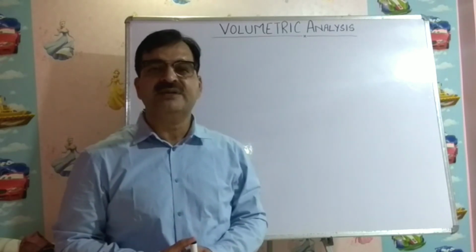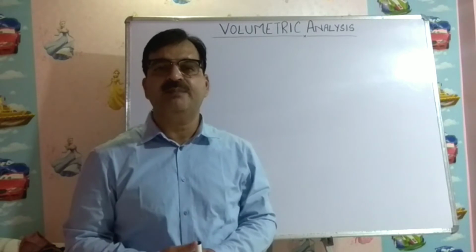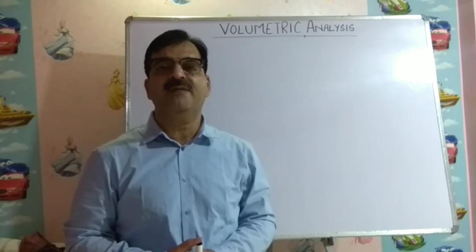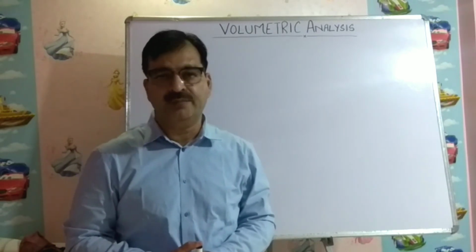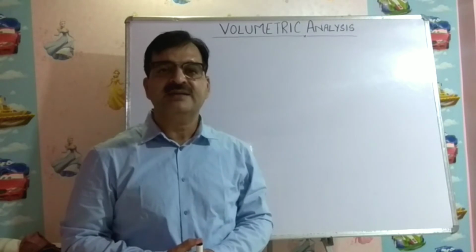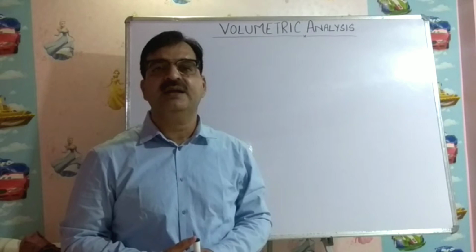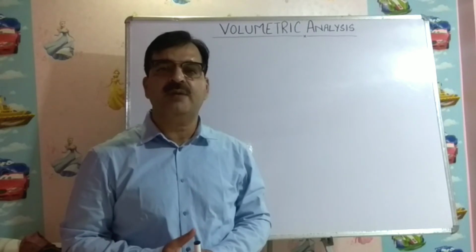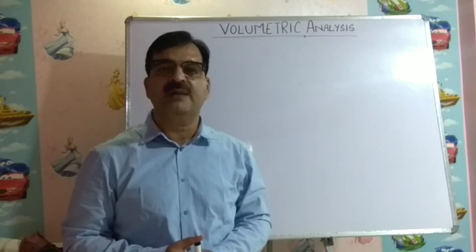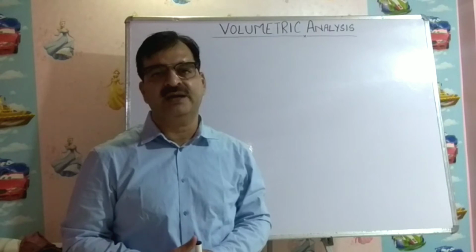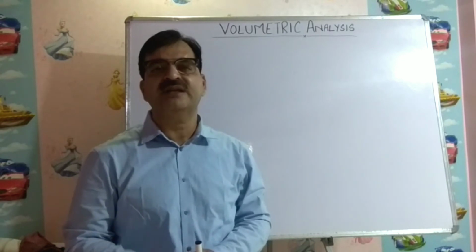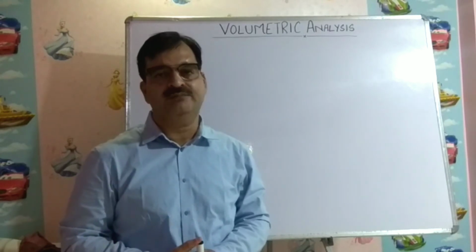Initially we represent it in a very simple method with the help of mass percentage or volume percentage. Mass percentage of component A is equal to the mass of component A divided by the total mass of solution into 100. It simply represents the percentile form.